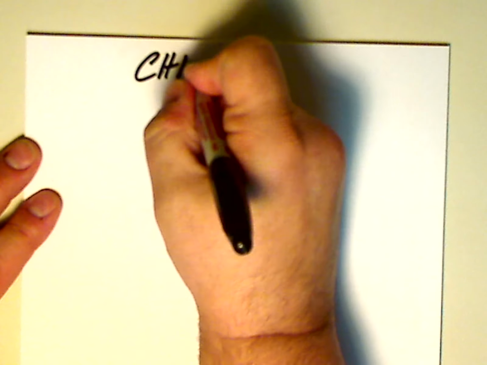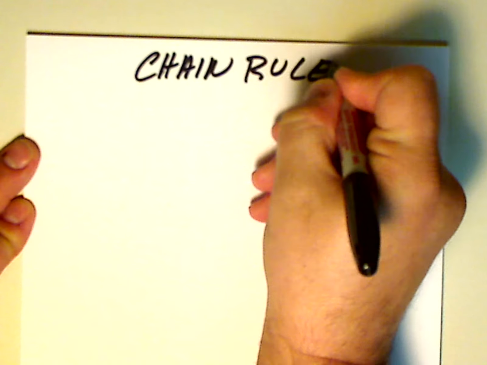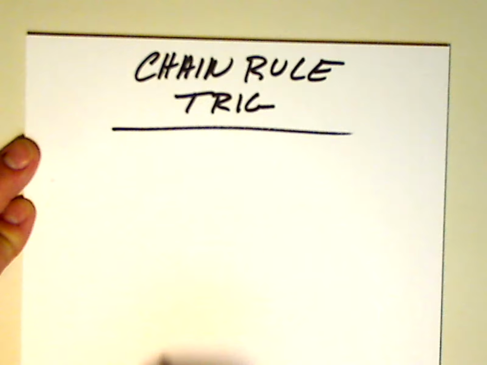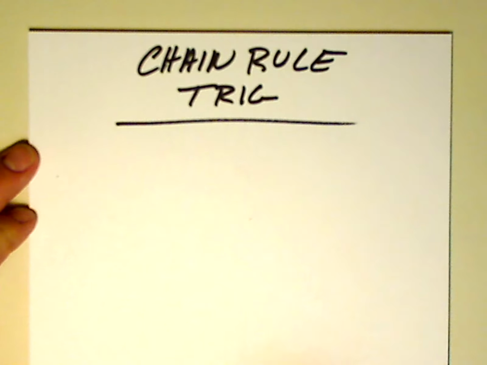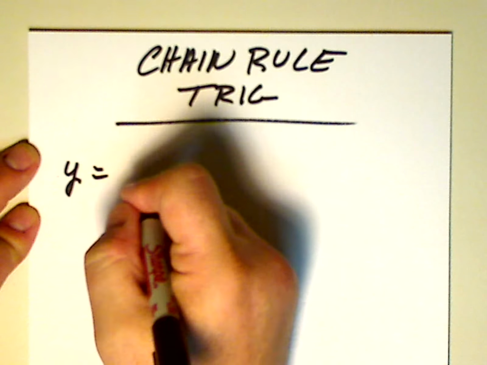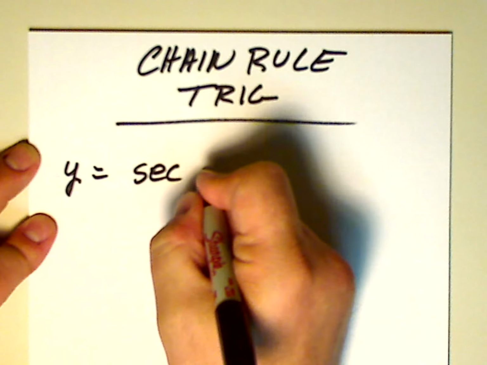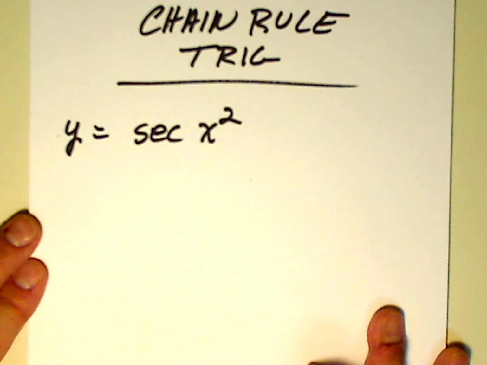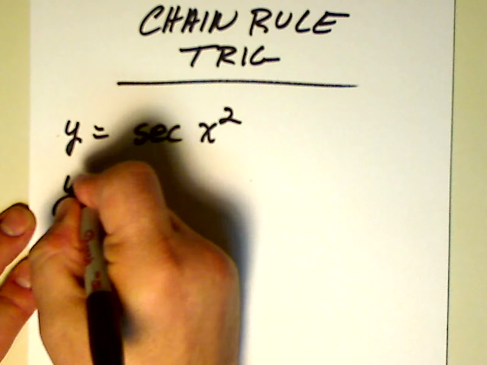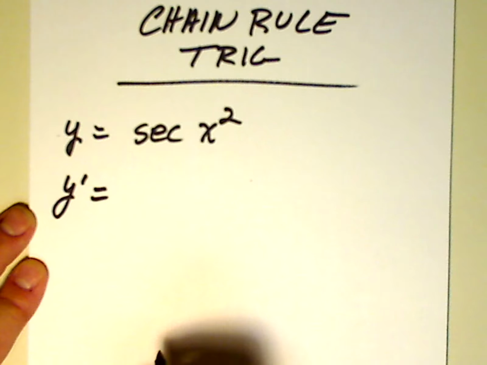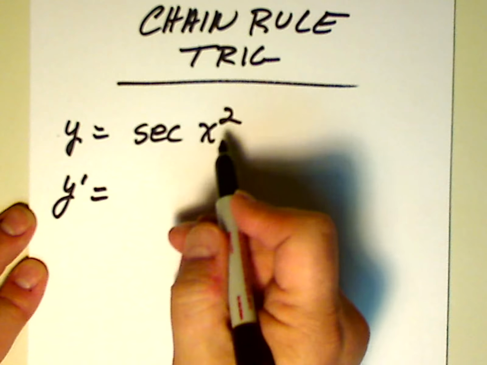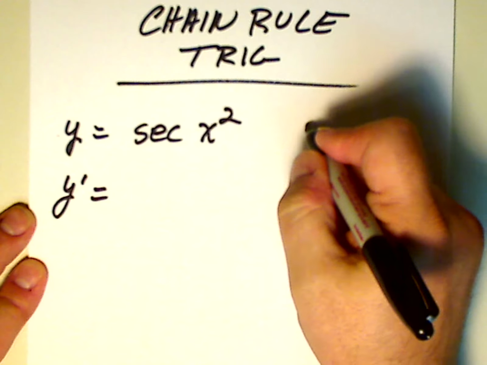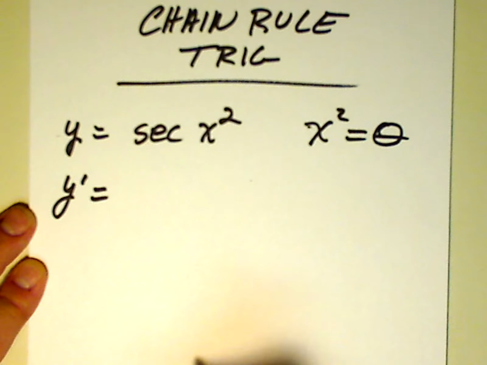So let's work a chain rule problem using trig functions. How about y equals secant x squared? So the derivative of secant is secant theta tan theta. So y prime is equal to, we're just going to repeat the x squared. That's our theta, okay? x squared equals theta.